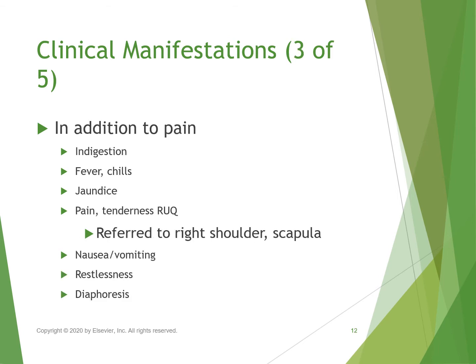In addition to pain, patients might struggle with indigestion, fever, especially if infection follows, possibly jaundice. And sometimes that right upper quadrant pain can be referred to the right shoulder scapular region. Patients might also have issues with nausea, vomiting, all things like that.